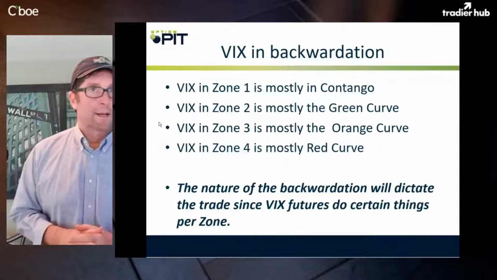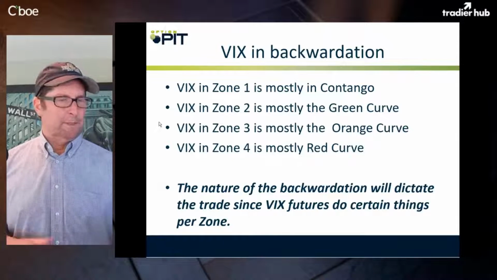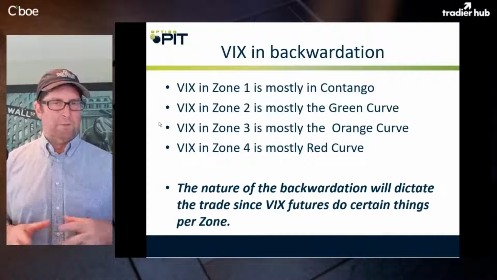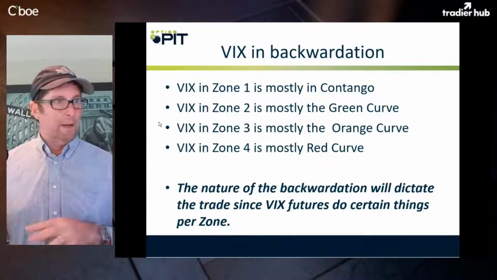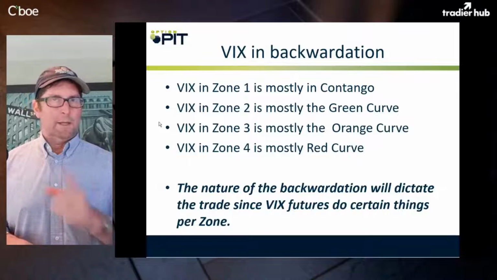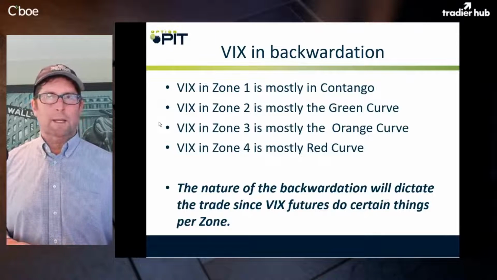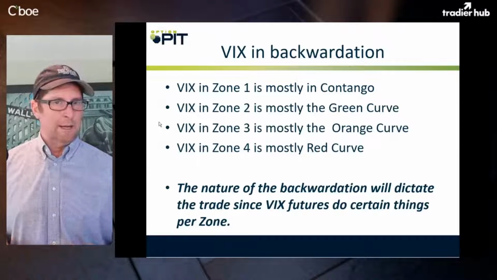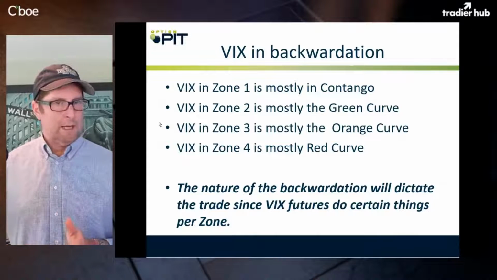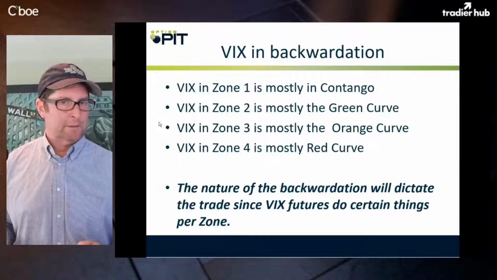This is data I looked at years ago, and it's roughly still about the same, even though we've had higher vol recently. Zone 3 is 18.01 to about 23.99, and zone 4, the last quartile, is 24 and above for VIX.